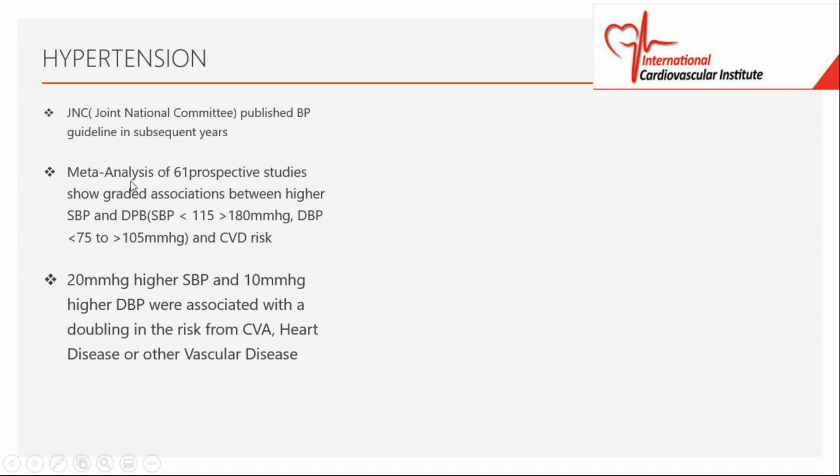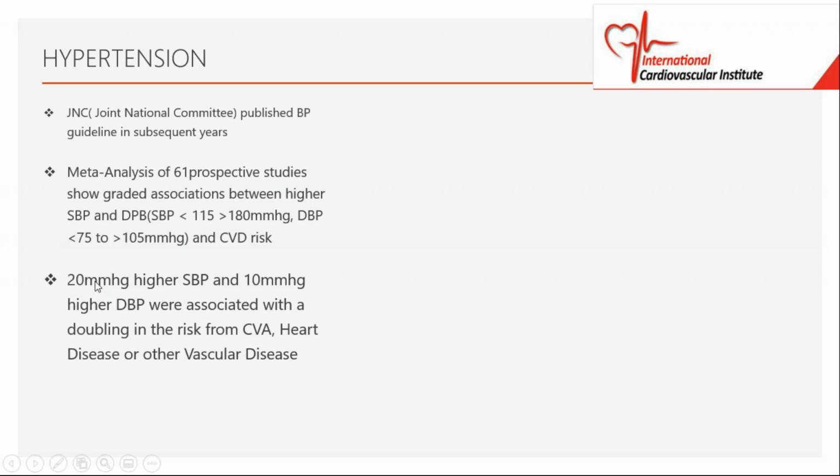When we look at meta-analyses of multiple studies, what these meta-analyses show us is that hypertension is associated with cardiovascular disease risk. There is a risk of developing cardiovascular disease with hypertension.